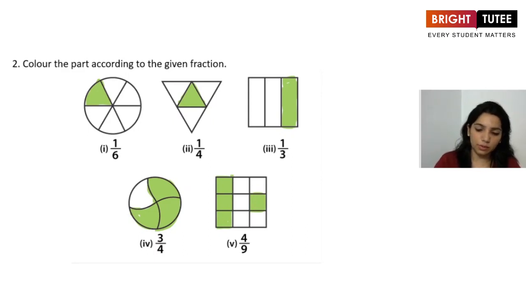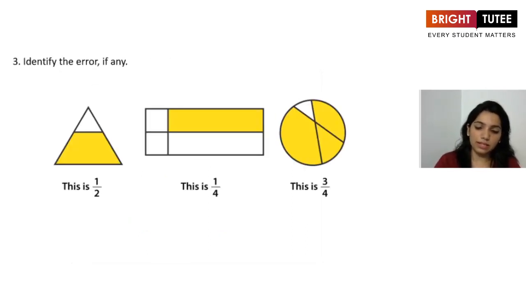Moving to the next one. Here, it says that we need to identify the error if we have any in the given images. Look at the first one. It says this is half. Do you think it's half? Do you think they have divided the triangle into exactly 2 parts? I think no. Why? Because I can clearly see that this top unshaded part is smaller compared to the colored part, right?